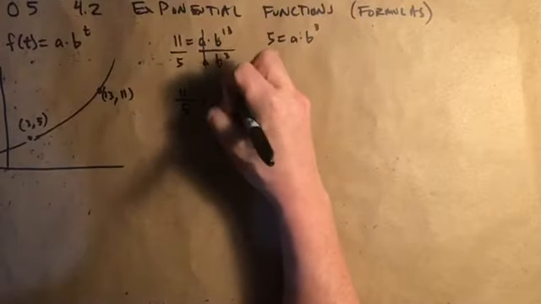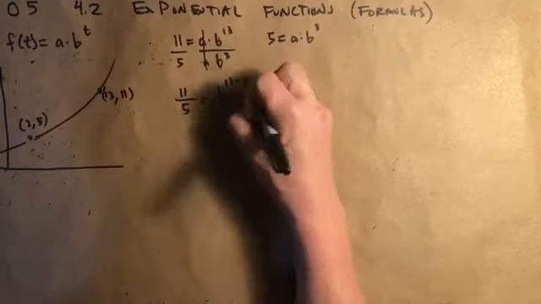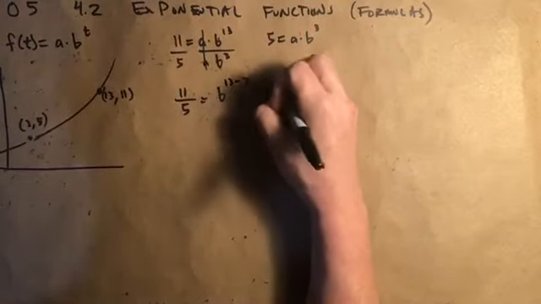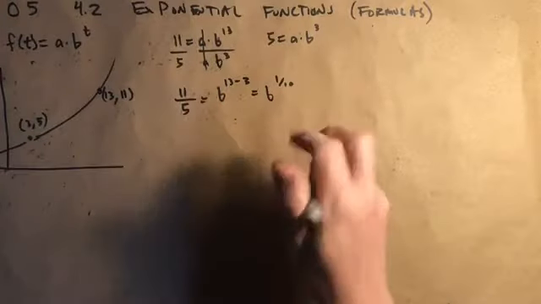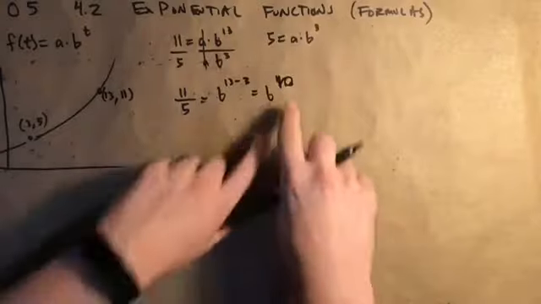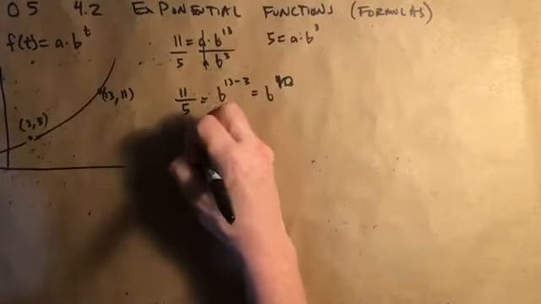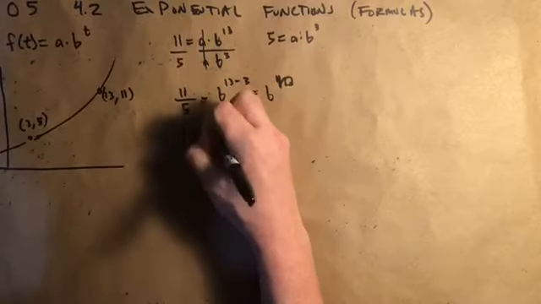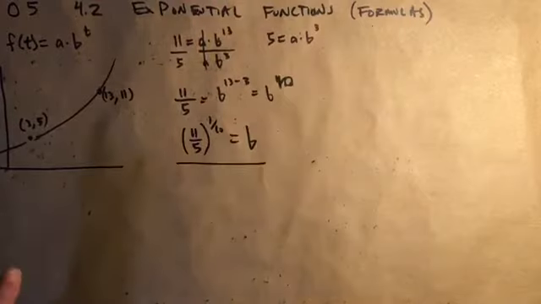We're going to have b to the 13 minus 3, or b to the 10th. Now, how do I get rid of this 10? I'm going to raise both sides to the 1/10 power, so I'm going to have 11/5 to the 1/10 power equals b, and we're out, yeah?